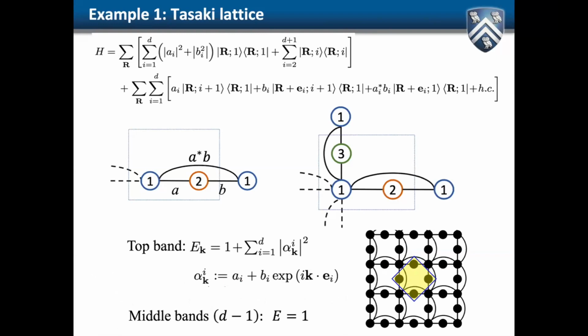And these middle bands being flat is guaranteed by the connectivity of this model. You decompose the whole lattice into sub-bands. You can show that the connectivity between the sites guarantees the middle bands to be also flat. So this is one example I want to show.